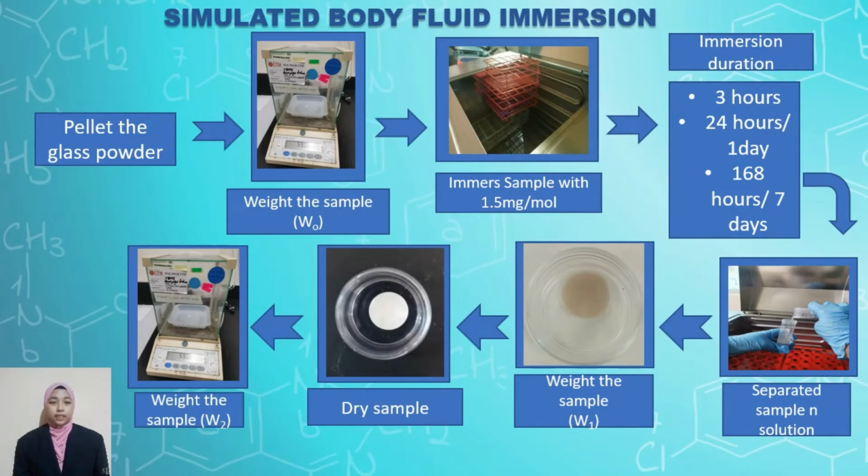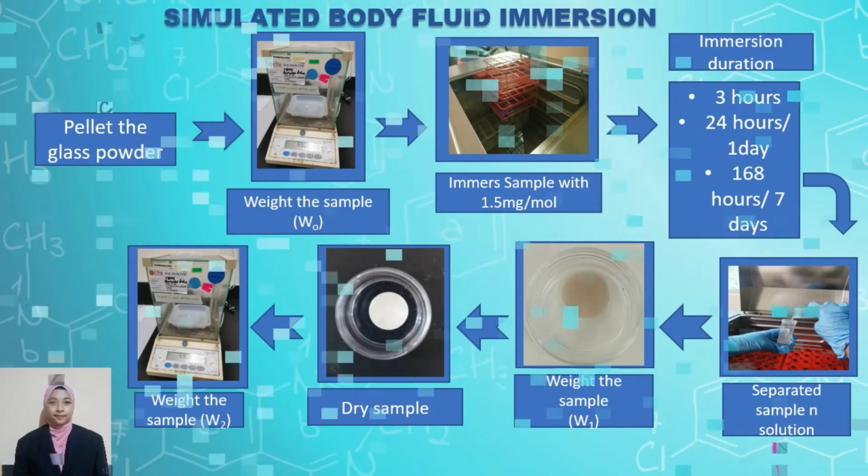Next, we will immerse it in the water bath at 37 degrees Celsius with the immersion duration. After finishing the immersion duration, the sample will be separated from the SBF solution. After that, we will take the weight of the sample after immersion. And lastly, we will dry the sample and take the weight of the sample after it is dry.